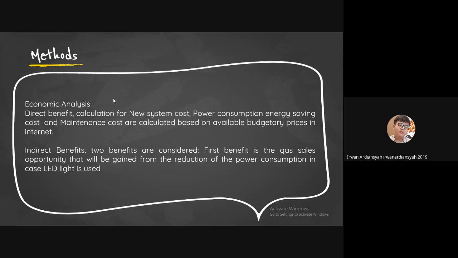The first benefit is the gas sales opportunity that will be gained from the reduction of the power consumption in case LED light is used. The final aim of this journal is to show the economic analysis.